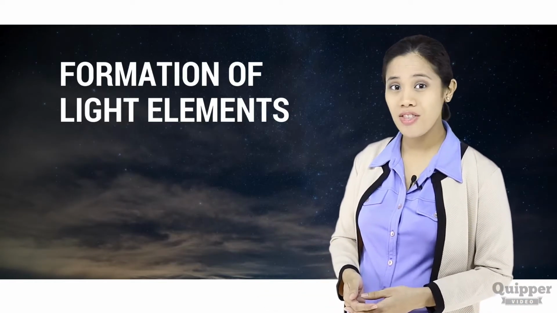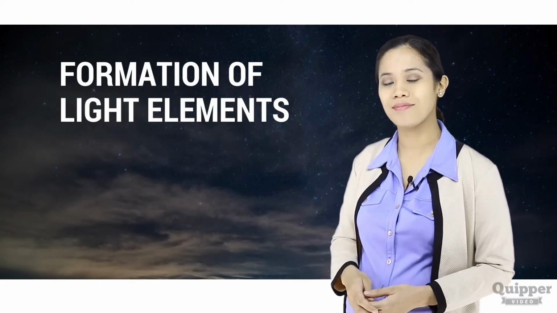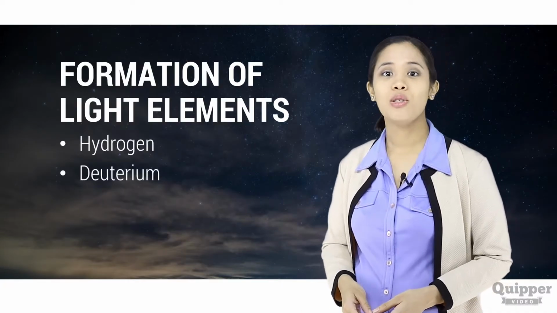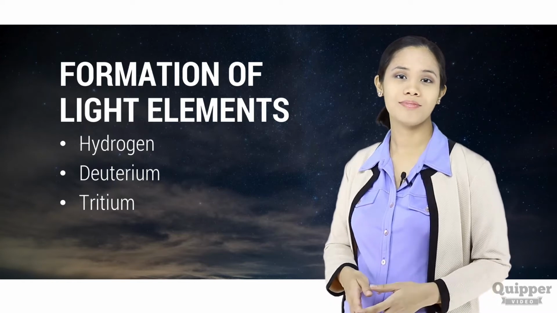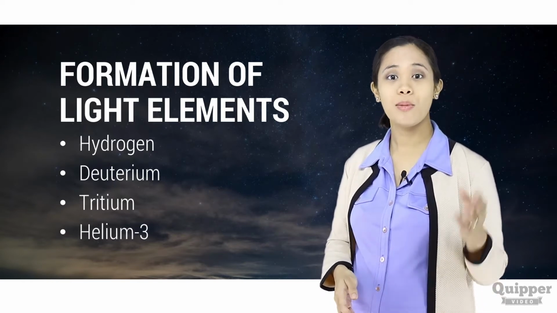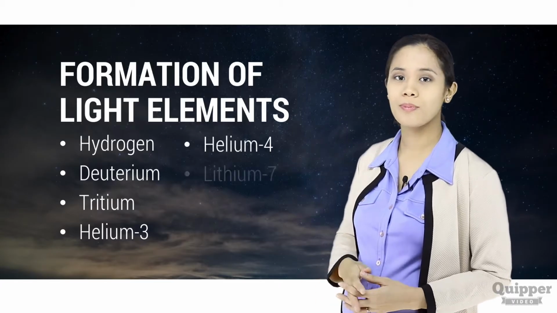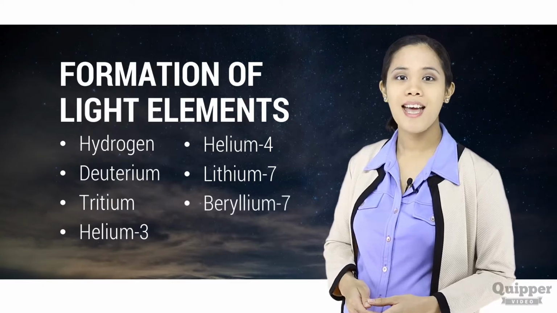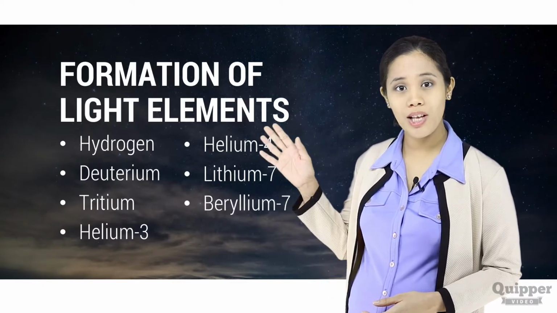Big Bang nucleosynthesis formed the nuclei of the following elements: hydrogen, deuterium, tritium, helium-3, helium-4, lithium-7, and beryllium-7.